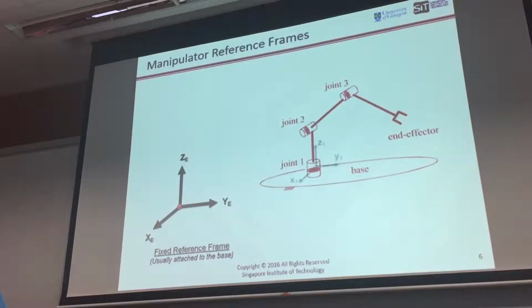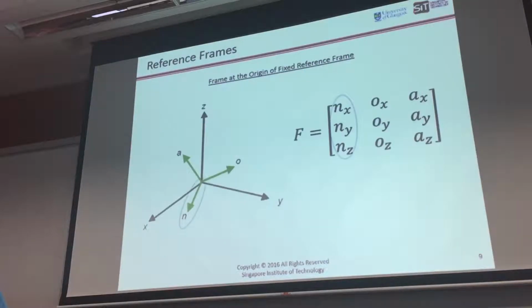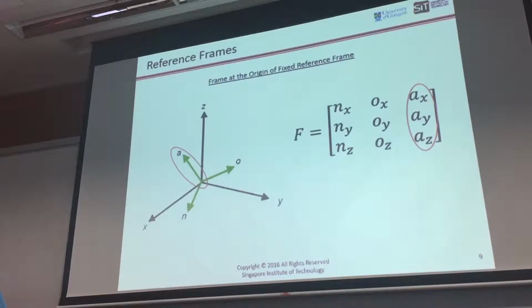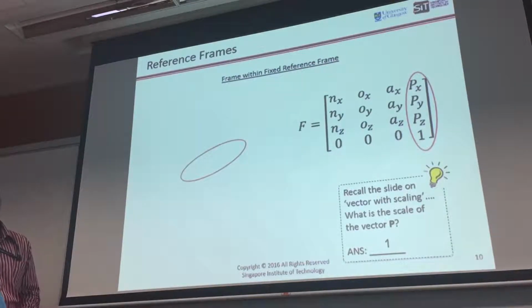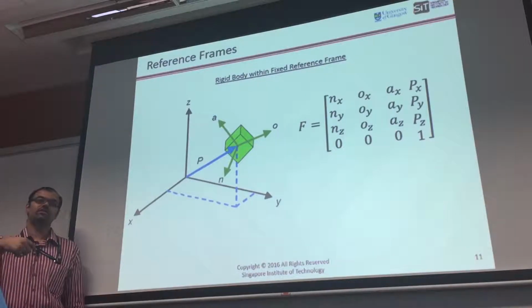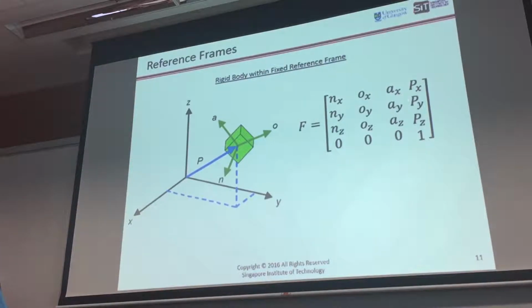This is more of frame assignments. We talked about this 4x4 transformation matrix, where this 3x3 matrix here is your orientation matrix. This Px, Py, Pz is the location of your moved origin from your reference origin, or your previous origin frame.